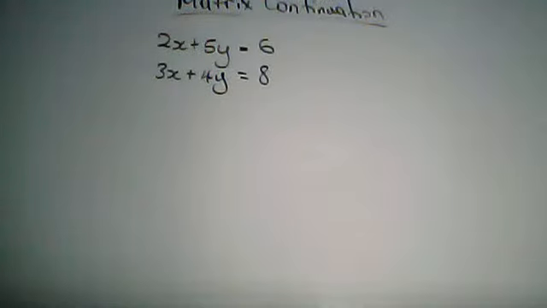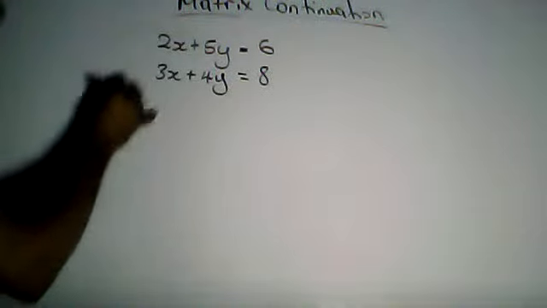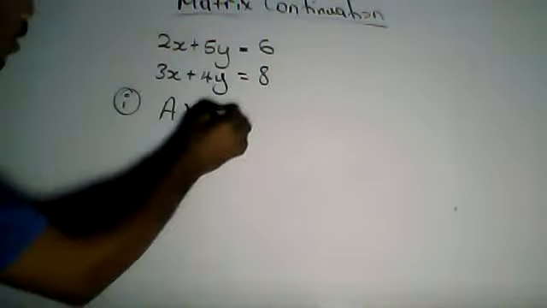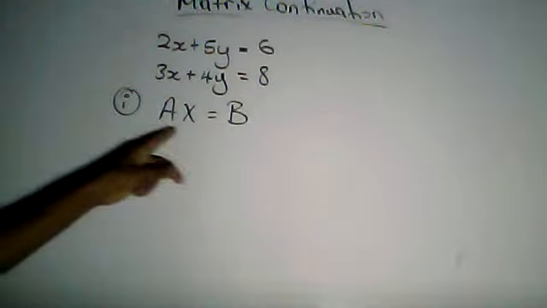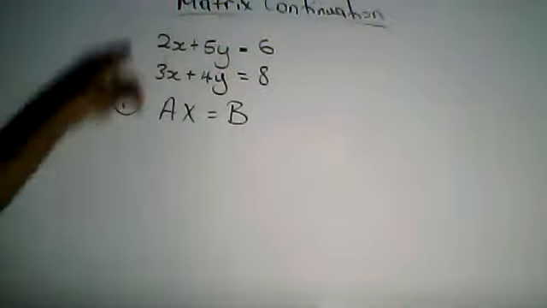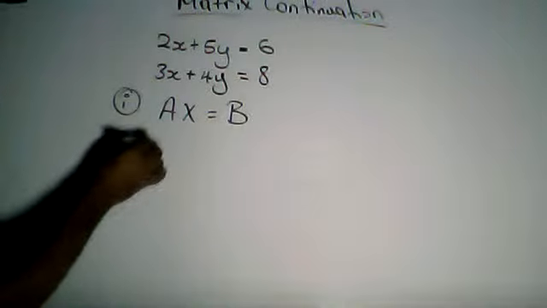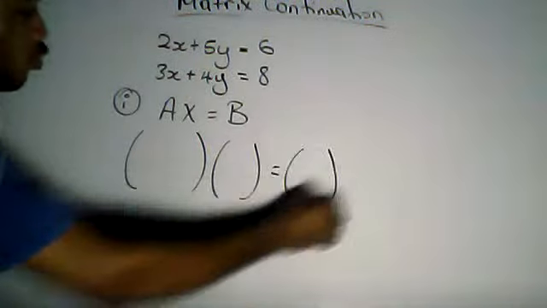They say write the equation in the form Ax equals B, where A, x and B are matrices. So they want us to write the simultaneous equations in the form Ax equals B, where A, x and B are matrices. To represent this in matrix form, as I said before, this is a 2 by 2 matrix, this is a 2 by 1 matrix, and this is equal to a 2 by 1 matrix.